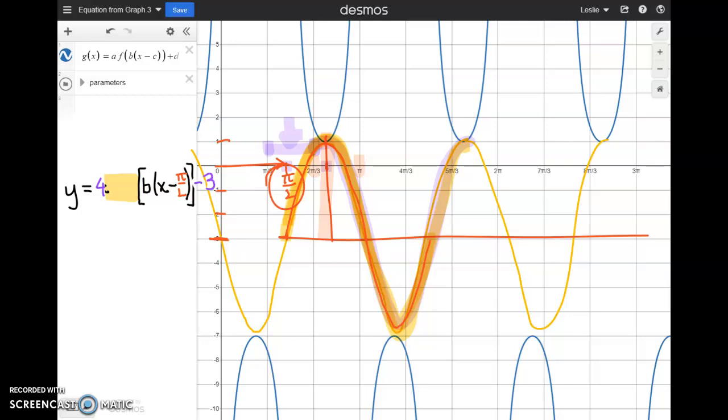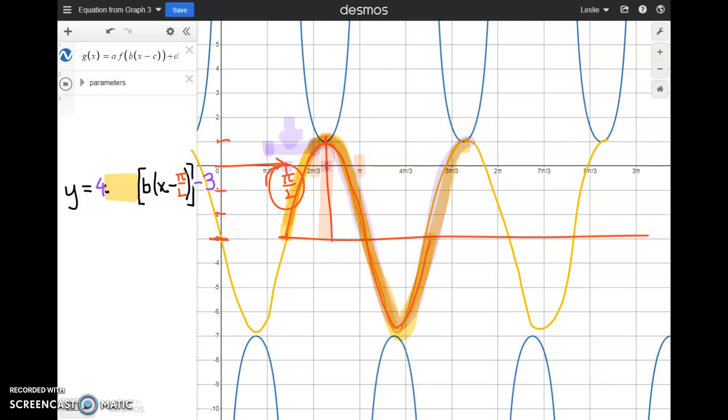All right, all that's left now is to find b, but I also need to use what I've done so far to determine whether I'm actually looking at a secant or a cosecant graph. I'm going to use another highlighter.